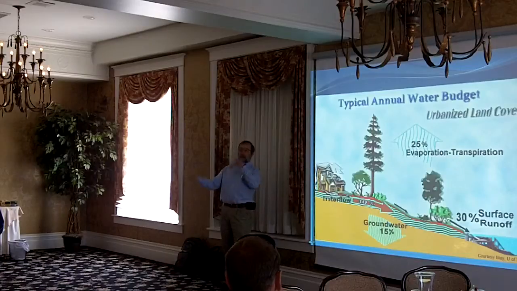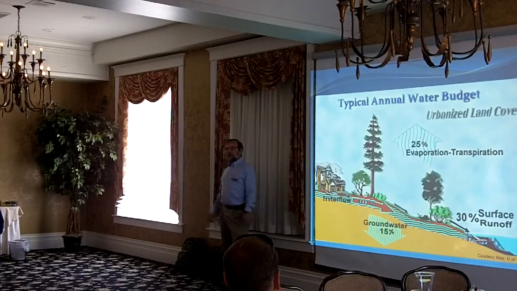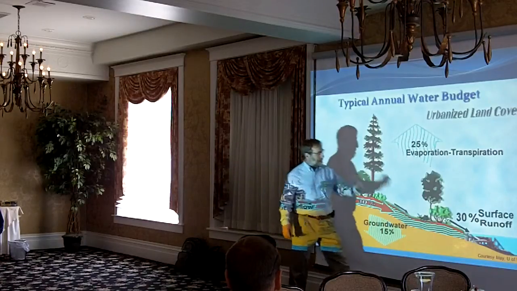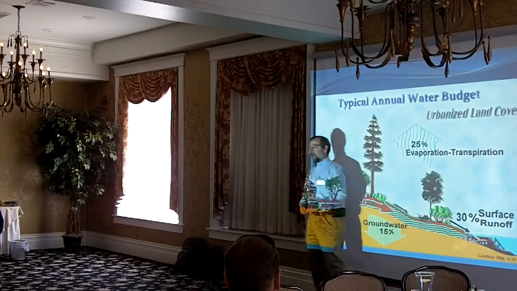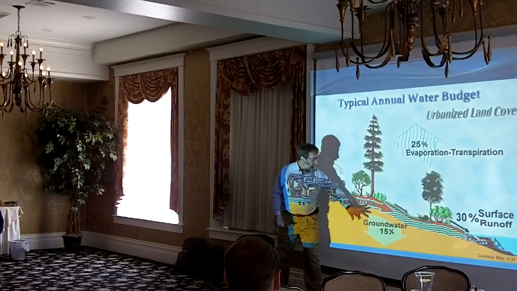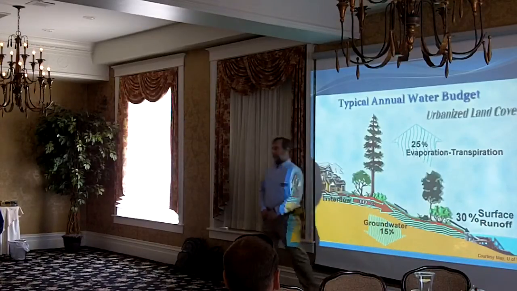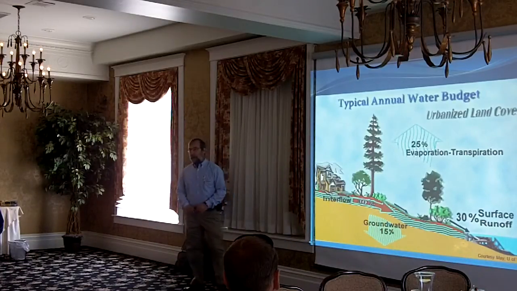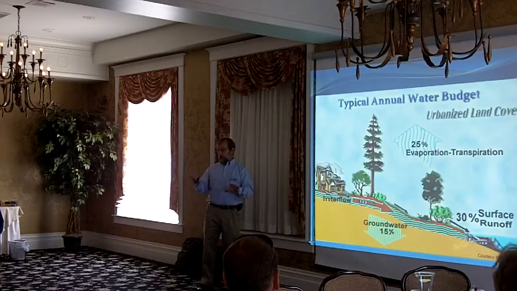You could run the numbers all day long of different land changes, but this is the bottom line. You dramatically increase surface runoff and often take away groundwater contribution. And that's what we're trying to replace.